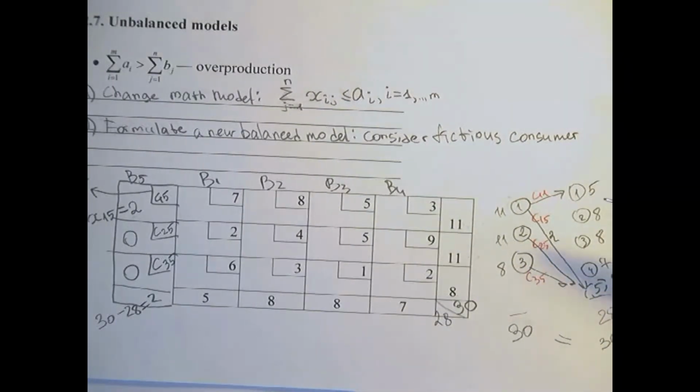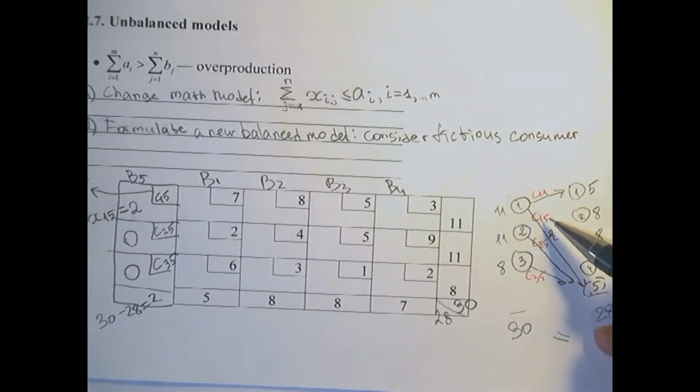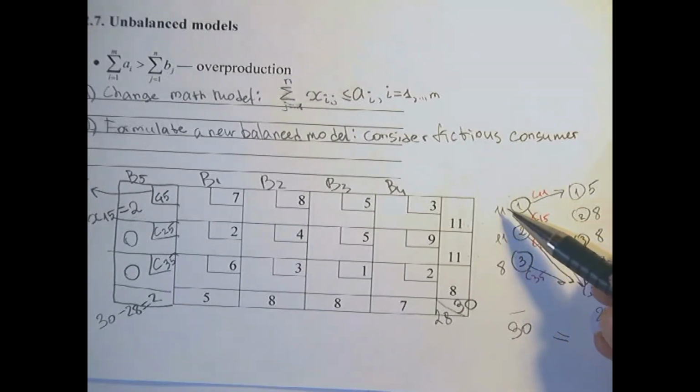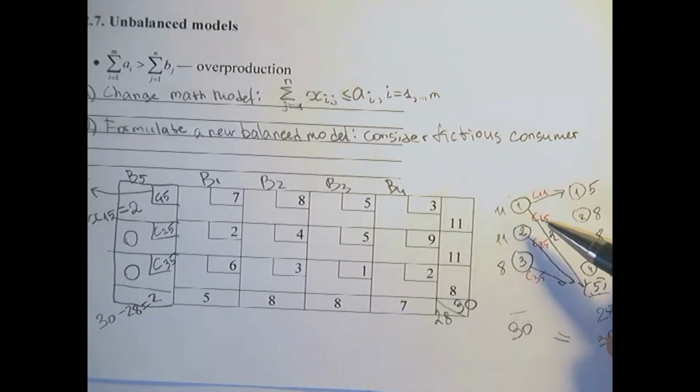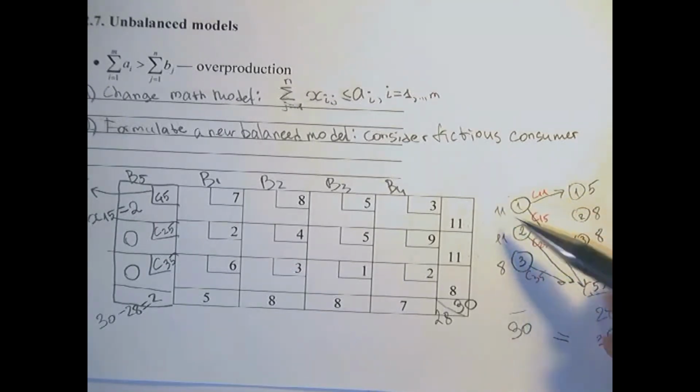And of course, we should pay penalties for keeping 2 extra choco boxes after optimization at this warehouse. We should consider penalty C15 and multiply it by 2, because we keep 2 choco boxes here.